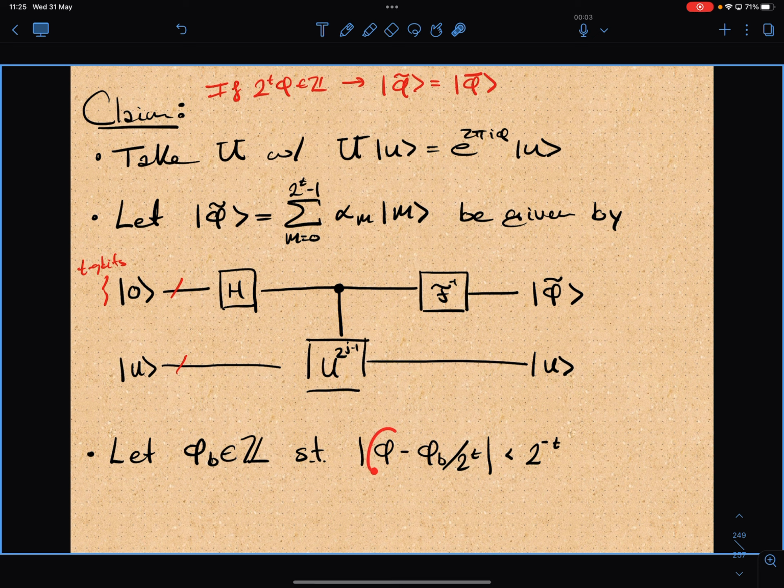Essentially, what you're doing is you take phi, you take the expansion, and then you cut it off at the t-th number. So you make the expansion length t. You're going to truncate phi to be phi of b over 2 to the t. So this is going to be the closest you can actually get measuring only t qubits of phi. So we're going to call that phi of b.